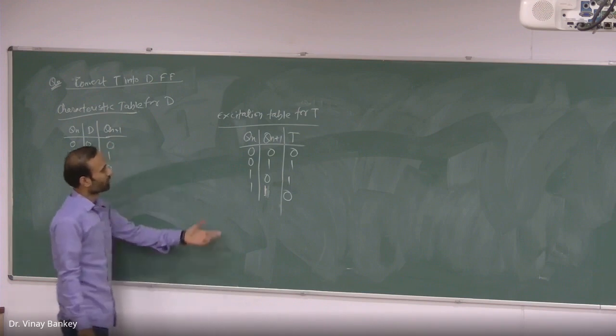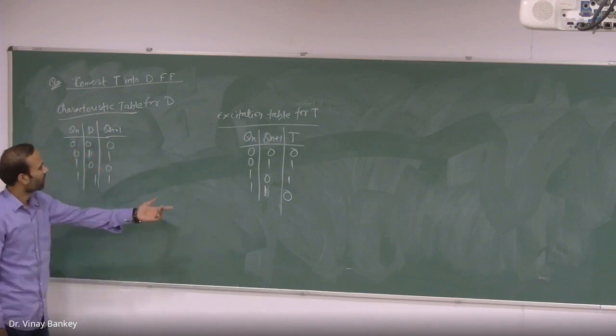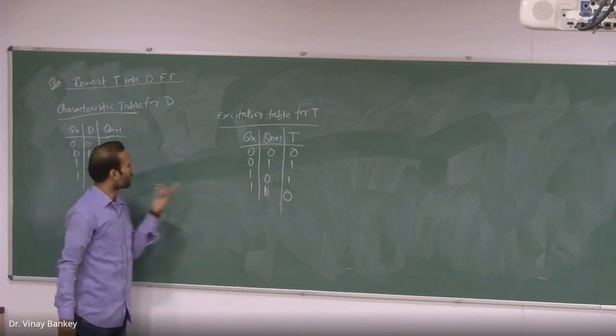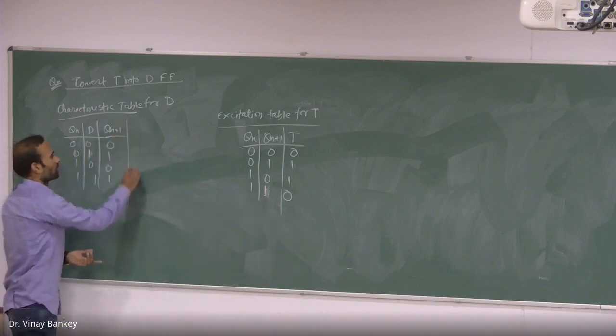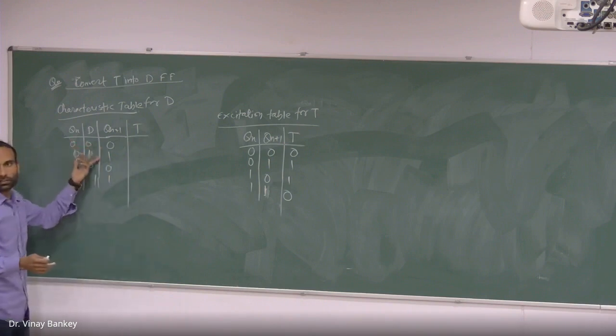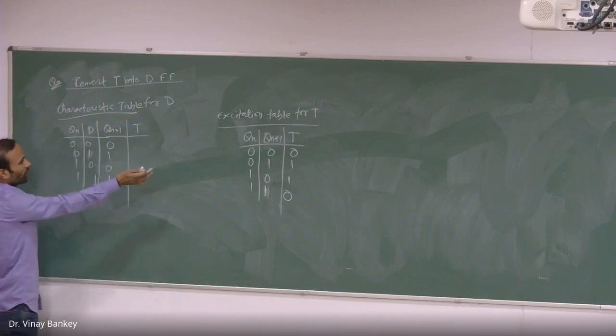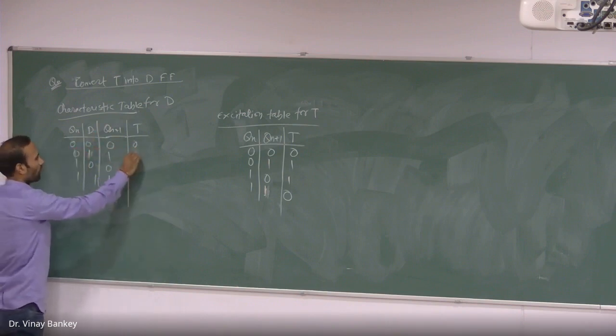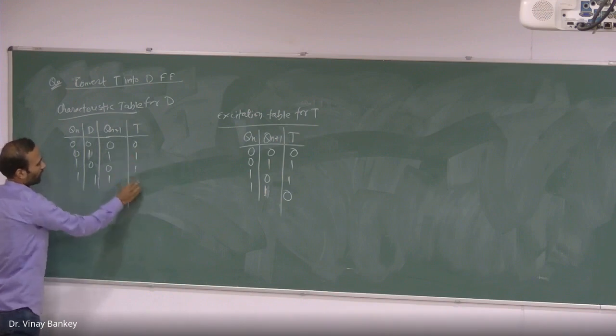Now what is the next task? We'll write T here and populate this table in terms of the previous and the next stage. So see there and answer me. What does 0 0 say?